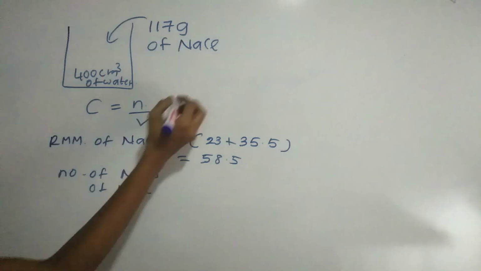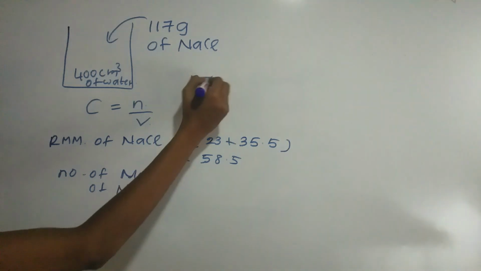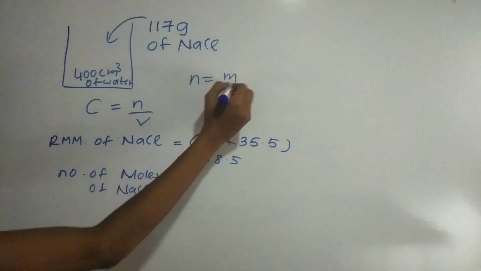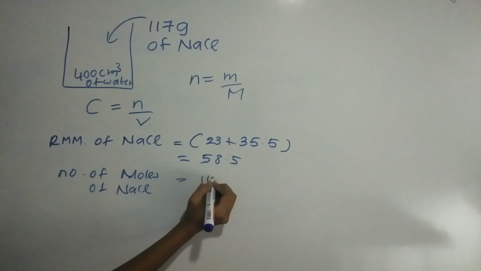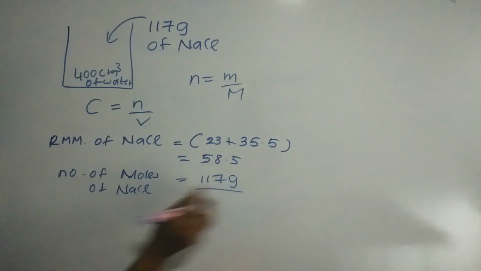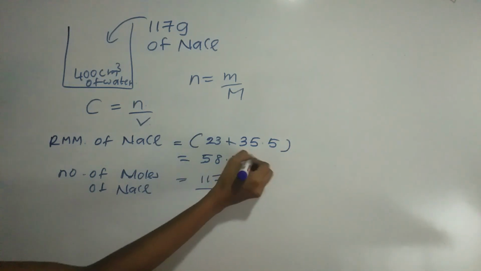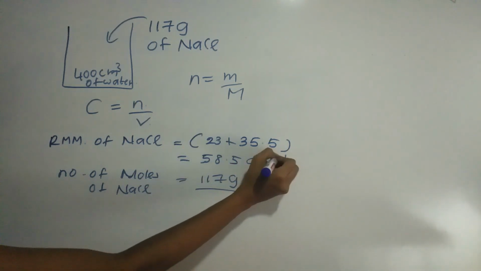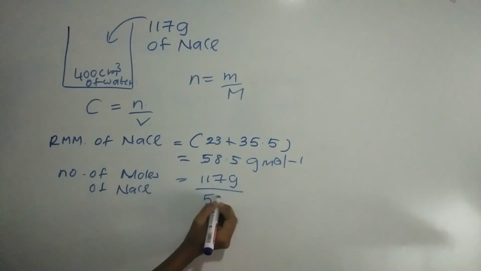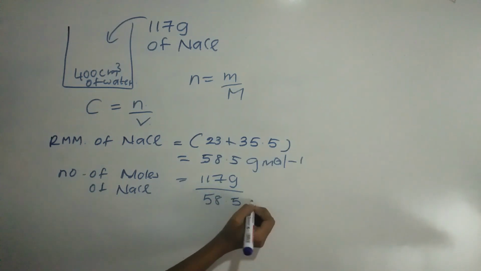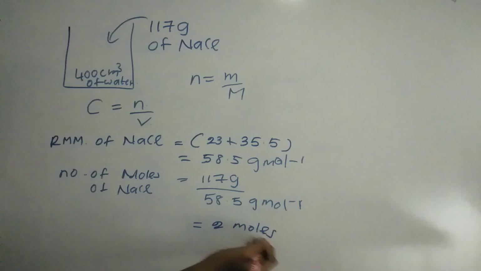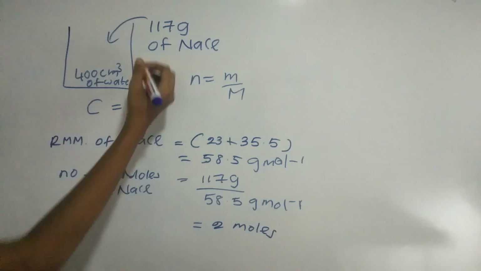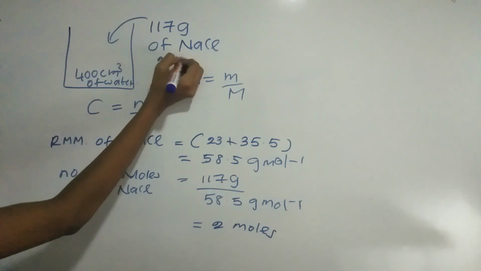To find the number of moles, we have to divide the mass by the molar mass. So the mass of sodium chloride is 117 and the molar mass is 58.5 grams per mole. We get the answer as 2 moles. Now we have found the number of moles of sodium chloride as 2 moles.